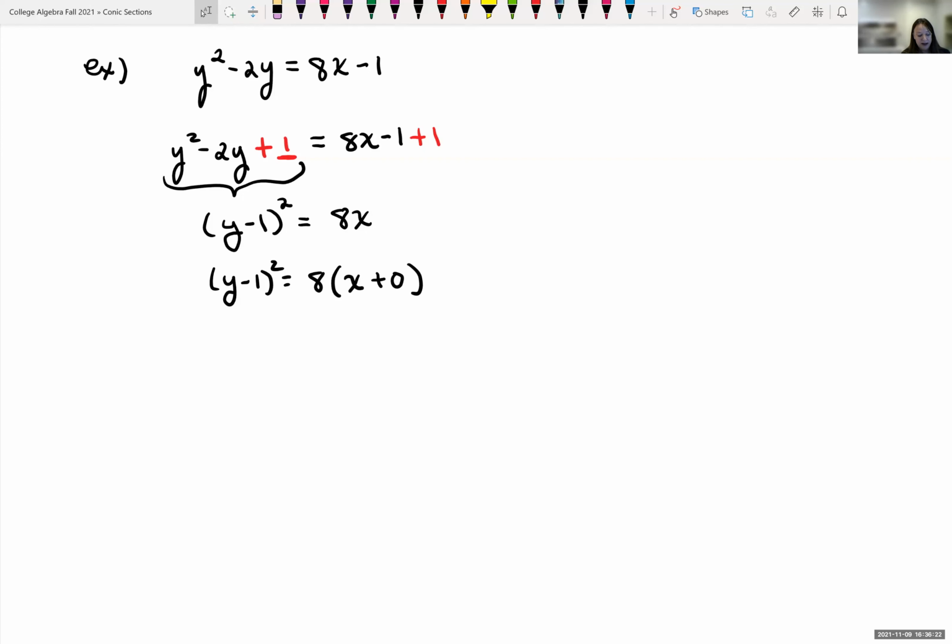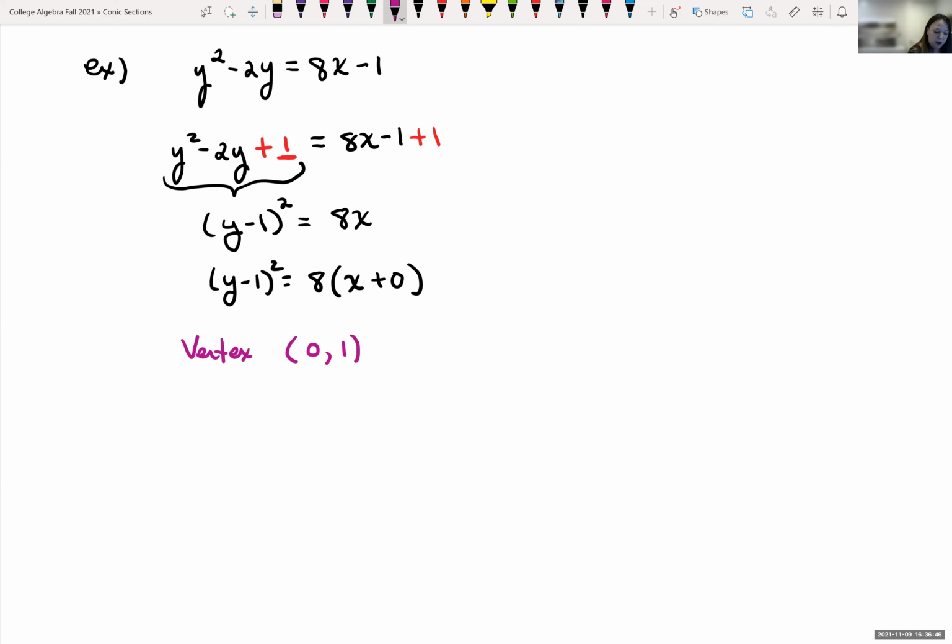So we want to find out what h and k is. H is always with that x value, k is always with the y value, and we're looking at the opposite signs. So vertex in this case, our h value is 0, our k value is going to be 1.